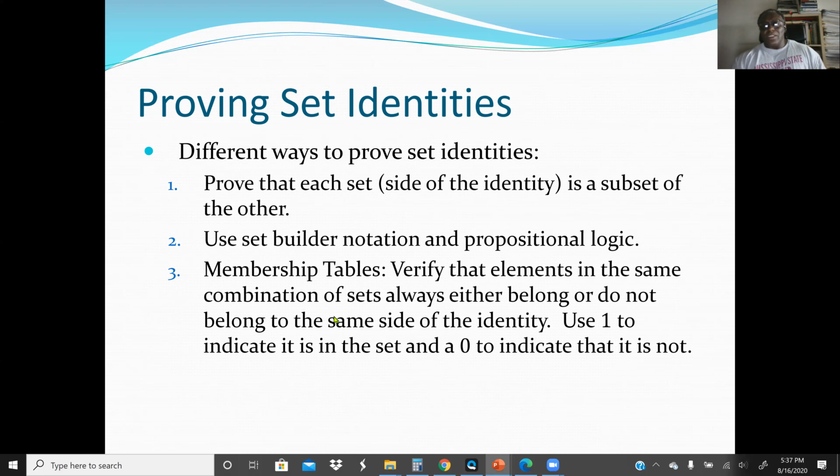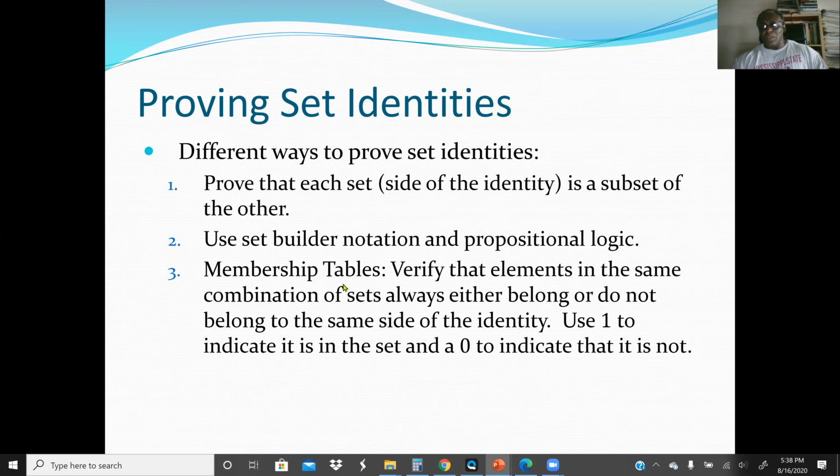So, proving set identities. Again, there are different ways to prove all these set identities, and we did that already in Boolean algebra. Here we prove that each side of the identity is a subset of the other. We can use set builder notation and also propositional logic.